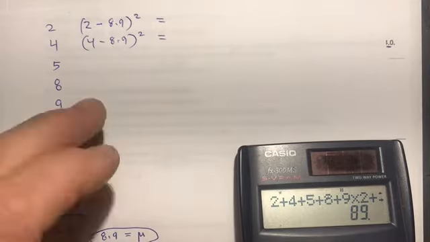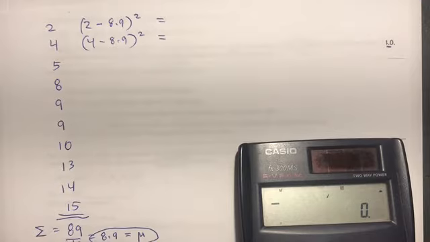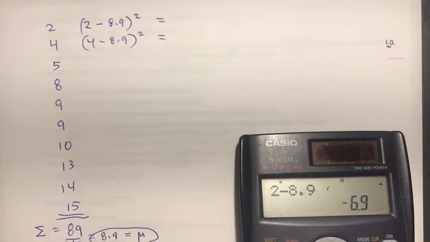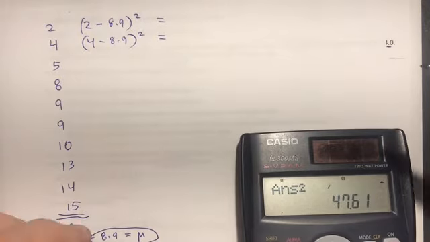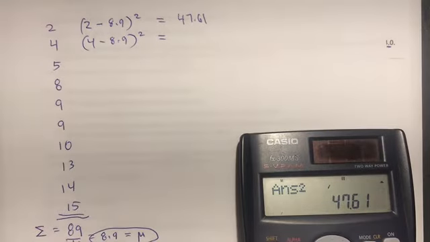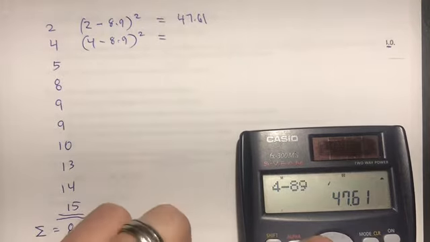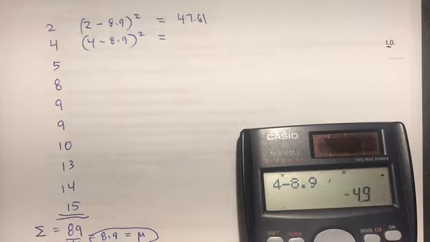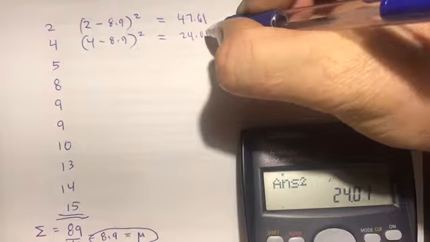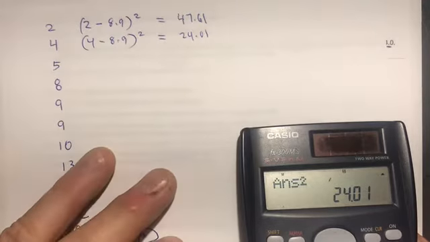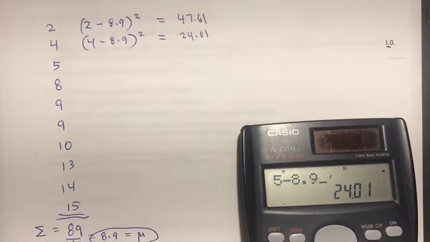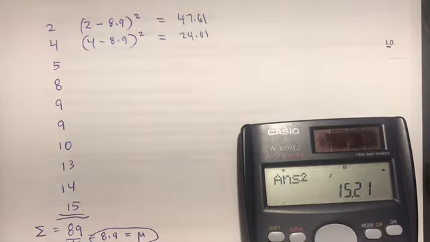All right, so let's clear this off. 2 minus 8.9, I hit equals, and then I hit square and equals, and there it is, 47.61. Then I go 4 minus 8.9 equals, square it, equals, 24.01. Now do 5 minus 8.9 equals, square, equals.